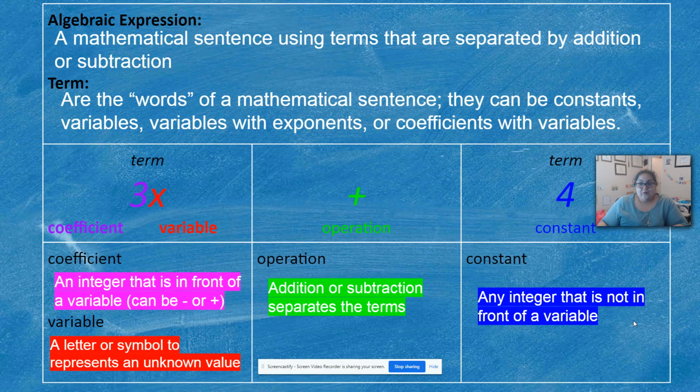So from my sentence, I would write 2R plus 2G plus 2A plus 2P plus B for brown plus L for black plus Y for yellow and plus E for blue.